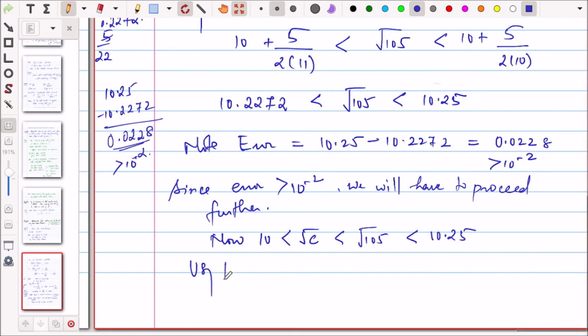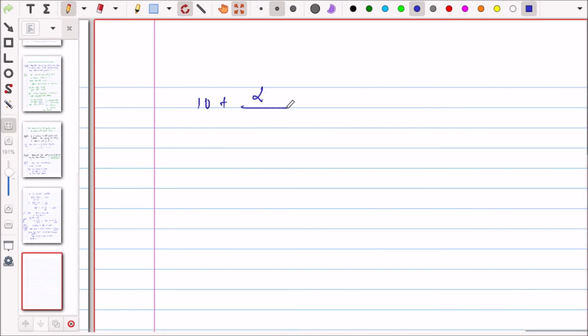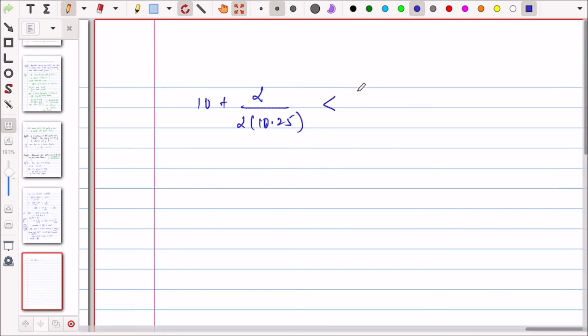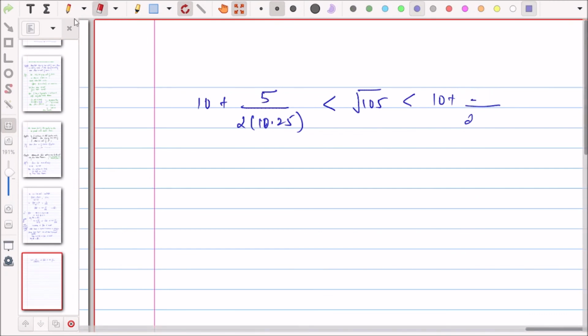Now then using this in star what we get is 10 plus 2 to 10.25 is less than root 105 is less than 10 plus 5 by 210, right? Is it fine?